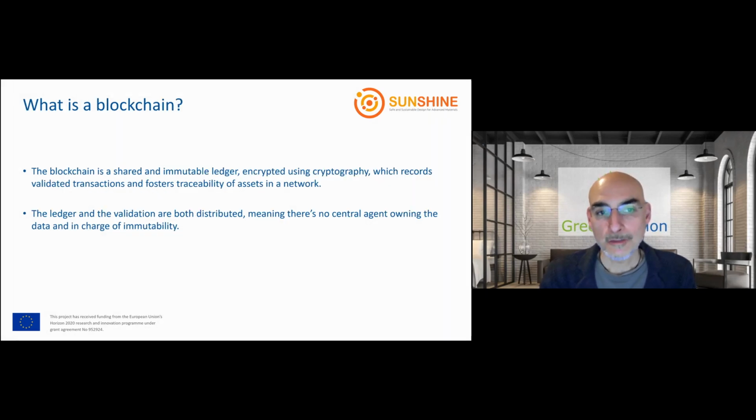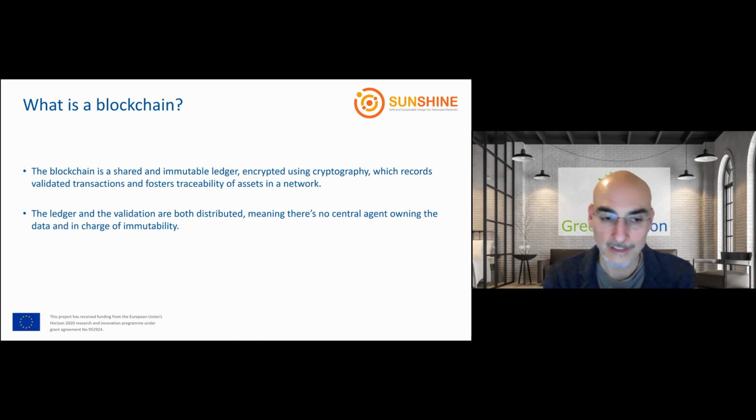So we mentioned blockchain, and as this is something new and important in the setup of the infrastructure, let's just focus for a second on blockchain. Blockchain is basically a ledger, and this ledger is by definition immutable. It is encrypted using cryptography, and it is used to record all the transactions happening to the data inside a network.